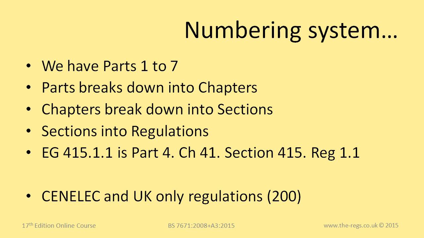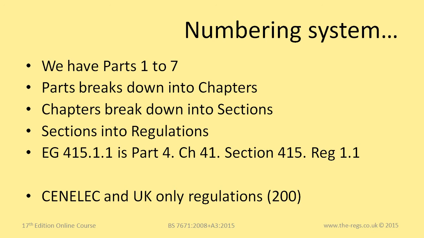Something else about the numbering system. It differs slightly when we get to part 7, but I'll explain that when we get there. And something else, you may notice a couple of the regulation numbers here, there and everywhere end in 100, which are Senlec regulations. Again, if you're not too sure what Senlec is, might use a bit of an exercise.